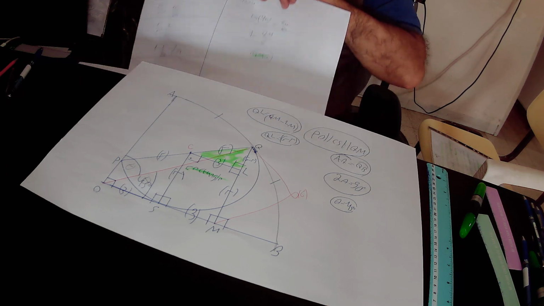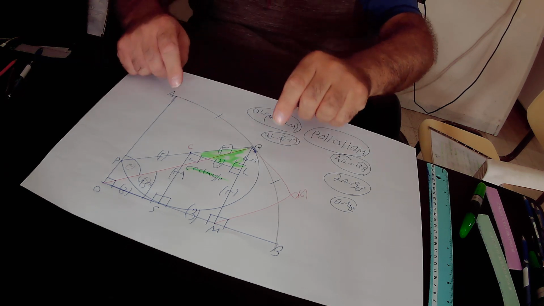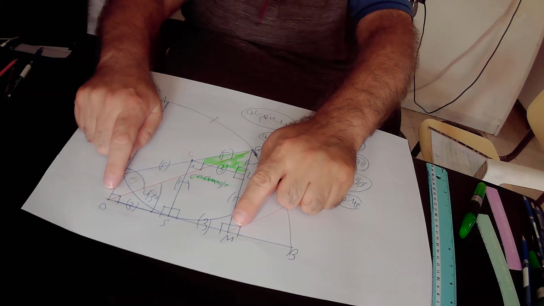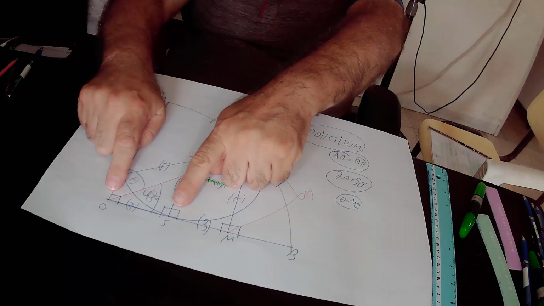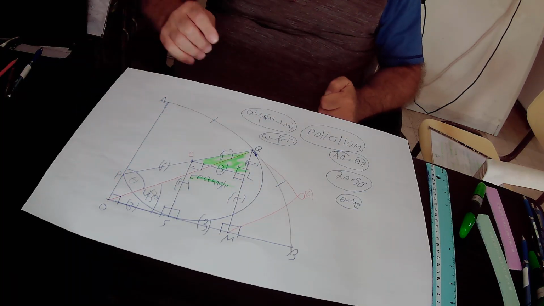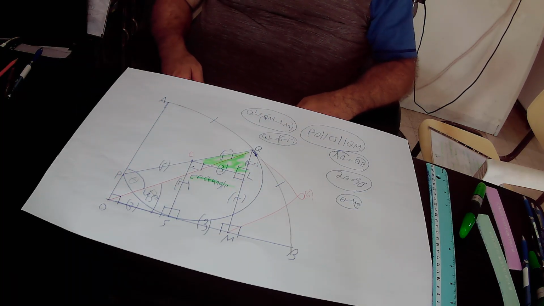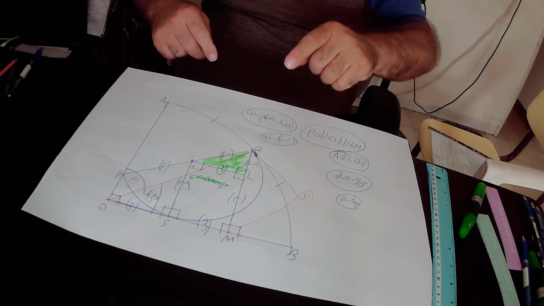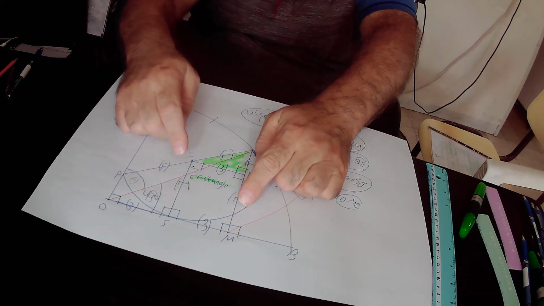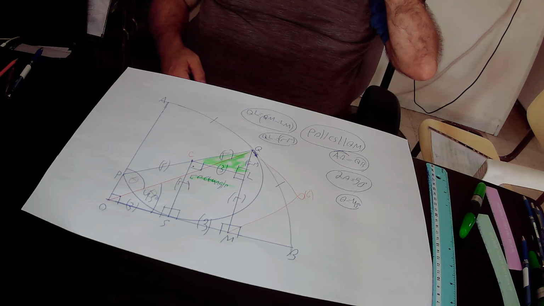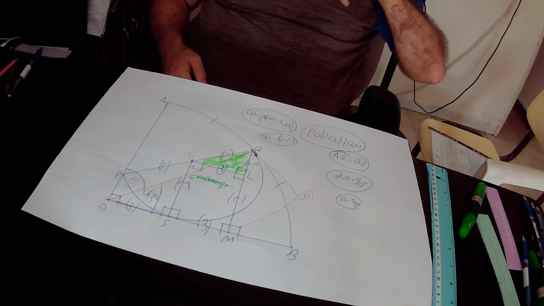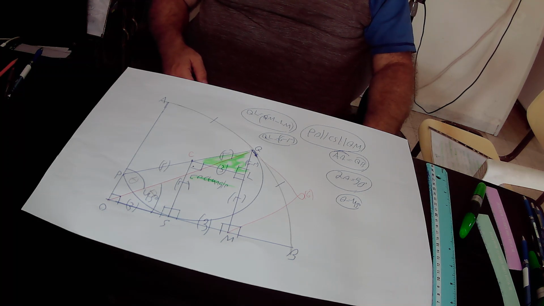So MO equals 6 units in length in total. Because first of all, we know that OS equals 4 units in length. So if we implement Thales's theorem in our drawing, we find out that SM also equals 4 units in length. Thales's theorem is true for any three line segments that are parallel to each other.